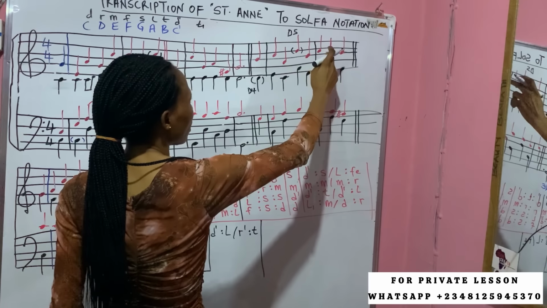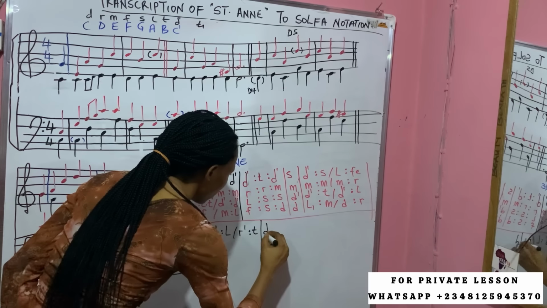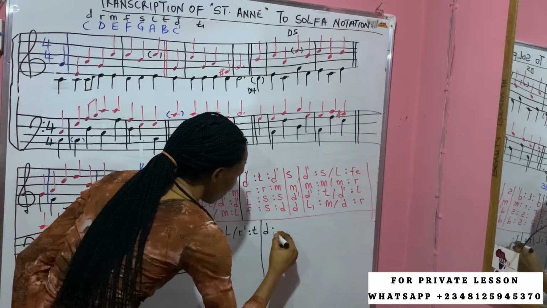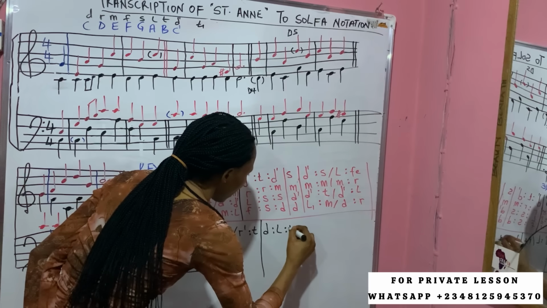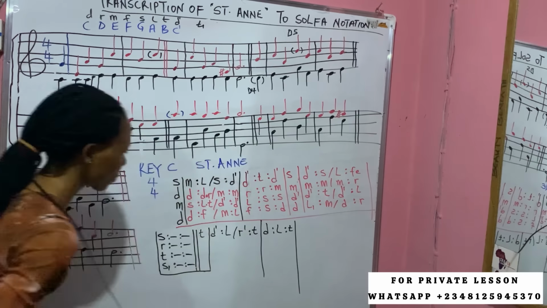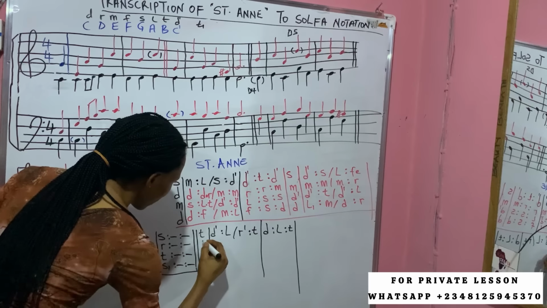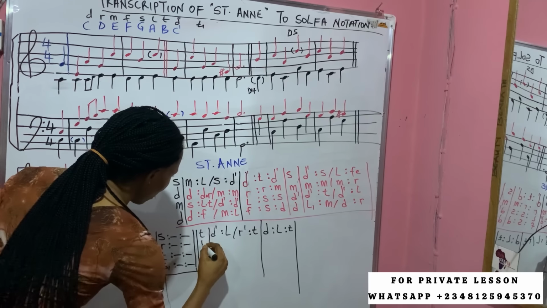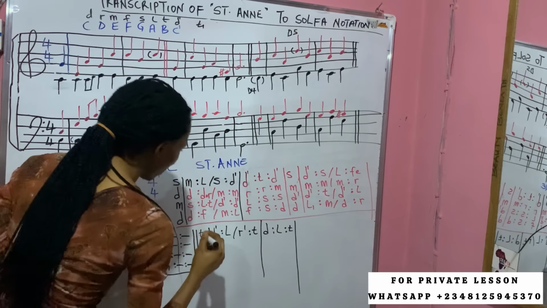Then we have here C and A, which is Do and La, Do and La, and we have B there as T, right? Then here we have Re for the alto, and then we have E, which is Mi, and C, which is Do.